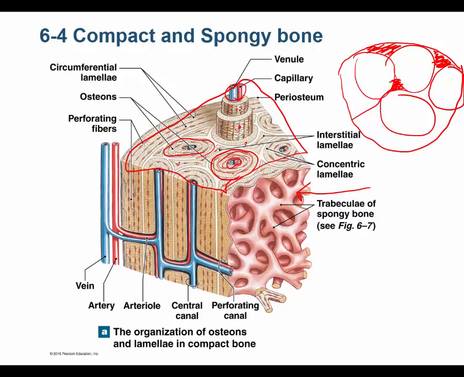You can see that. And then if you did a longitudinal slice of the bone, you would see that the central canal of one osteon is connected to the central canal of another osteon. And these are called Volkmann's canals, by the way. That's called a Volkmann's canal.